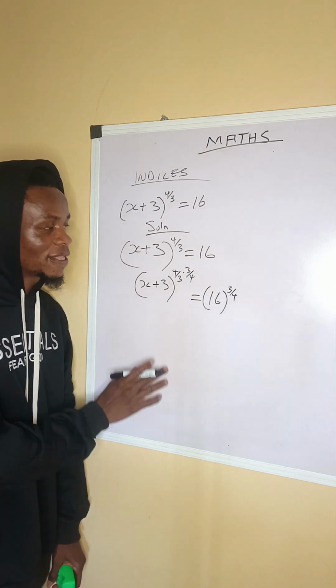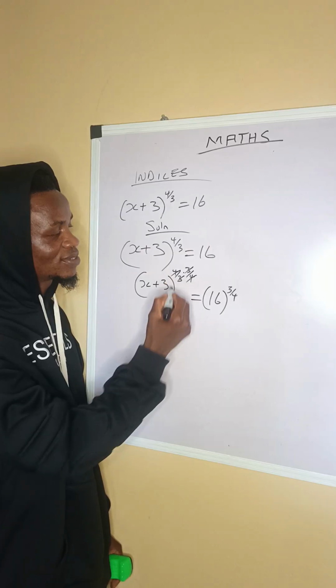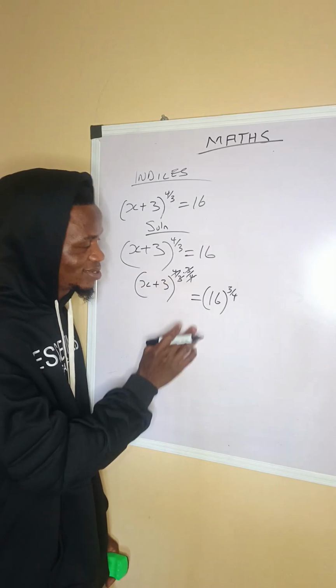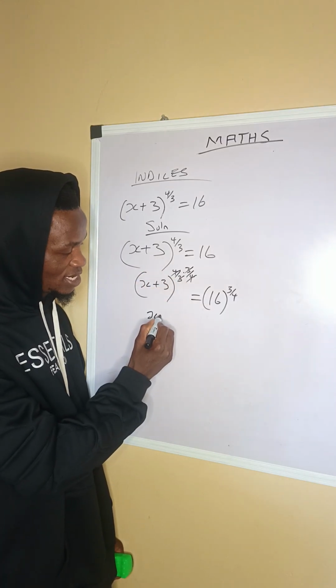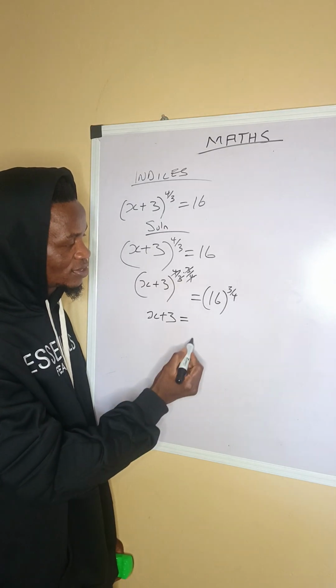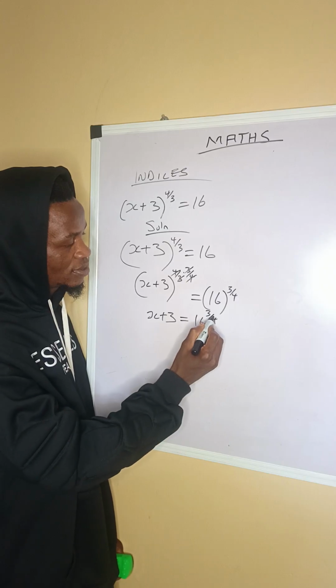Now if we simplify further, this 4 will cancel this 4, and this 3 will cancel this 3. It will be x + 3 raised to the power of 1, and anything raised to the power of 1 is still that number. So bringing our equation down, x + 3 is equal to 16 raised to the power of 3 over 4.